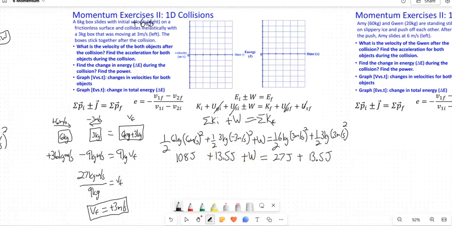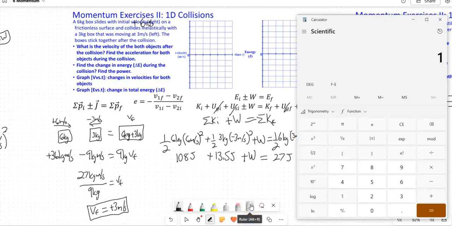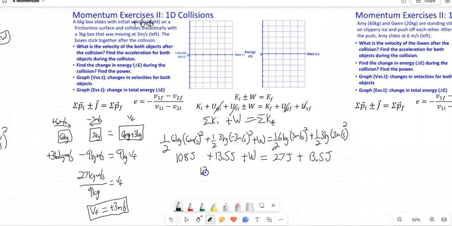Okay. So we're going to get on the right side 108 plus 13.5, 121.5 joules plus work. And this is going to be 40.5 joules. So this work is going to be a loss of energy, which I think is most of the time for collision problems.